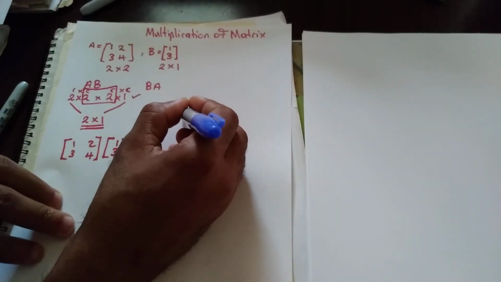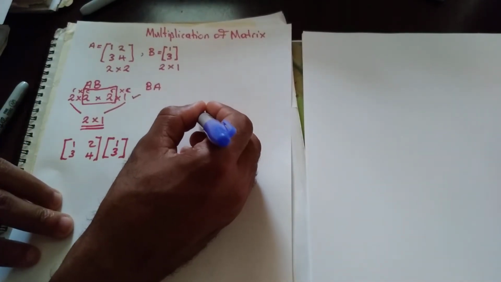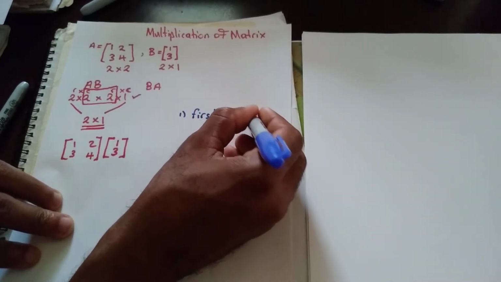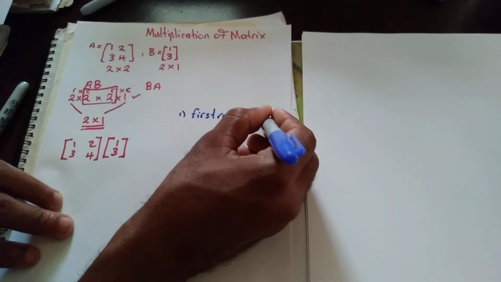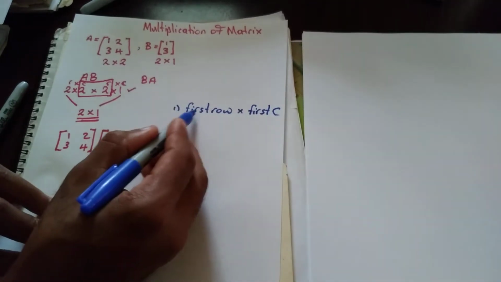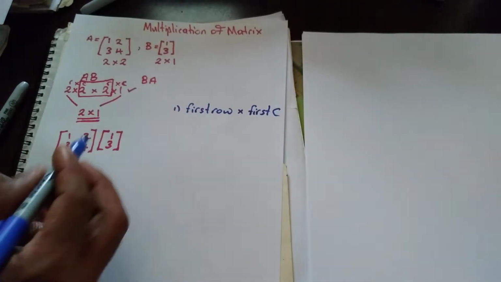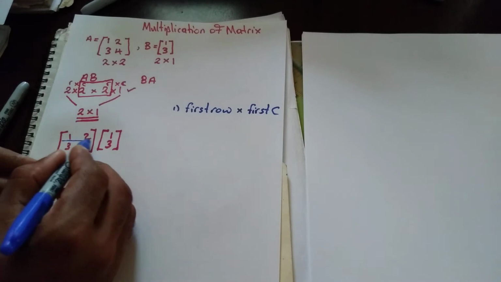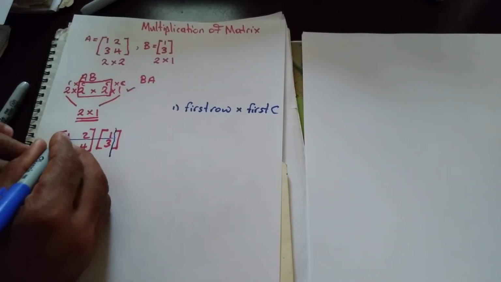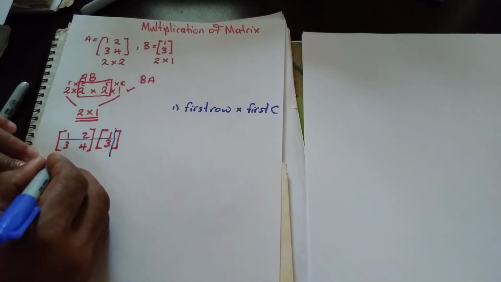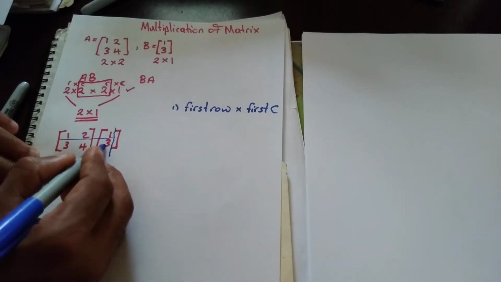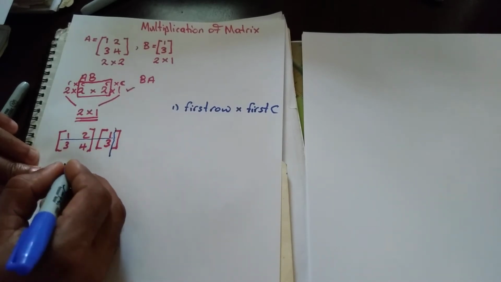So it's the first row by the first column. Just put a C because I'm running out of space. So it's the first row by the first column. So we're going to have 1 times 1, that's going to give us 1, plus 2 times 3, that's going to give us 6.